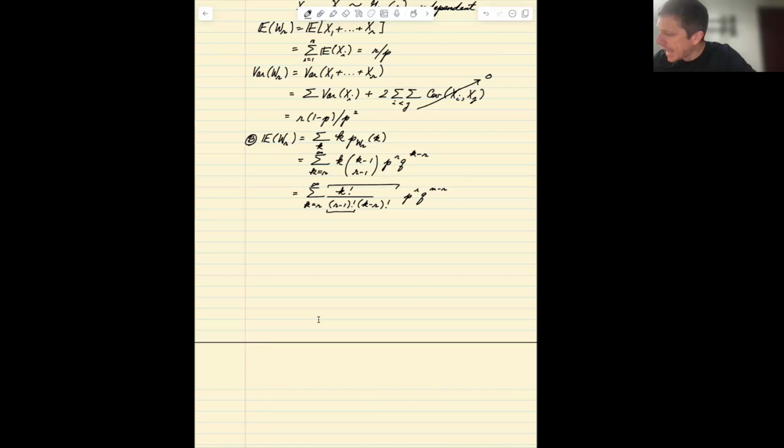So we need to add an R on top and an R on the bottom. One of the R's on the bottom gives us K choose R, and the R on the top is a constant, so it comes out of the sum.